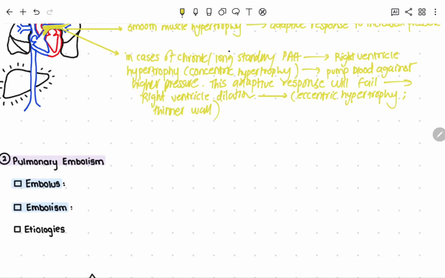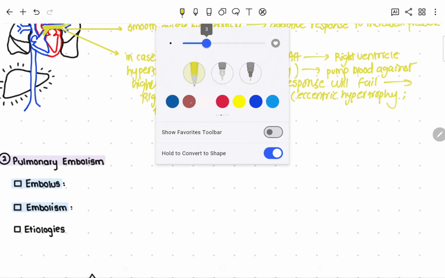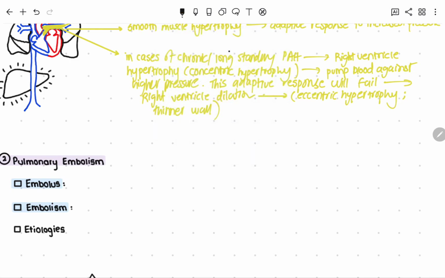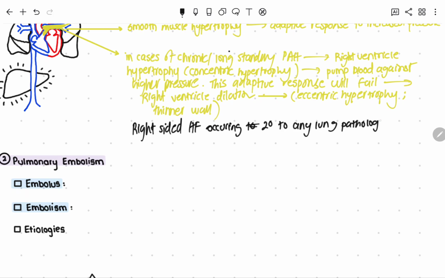And an important terminology that you should know is related to when you have right-sided heart failure. So right-sided heart failure that occurs secondary to any lung pathology, the term that we use to describe this is known as cor pulmonale, however you want to pronounce it really.